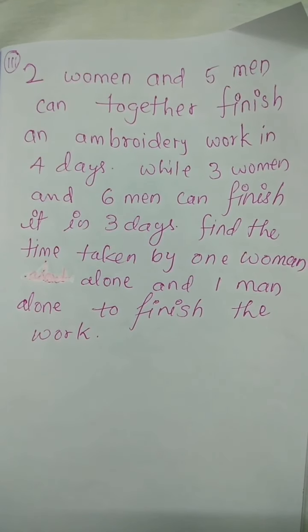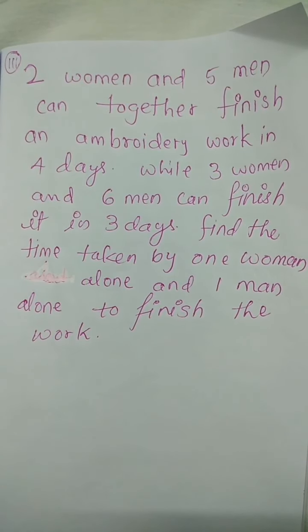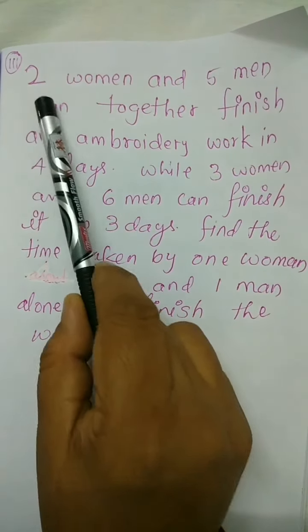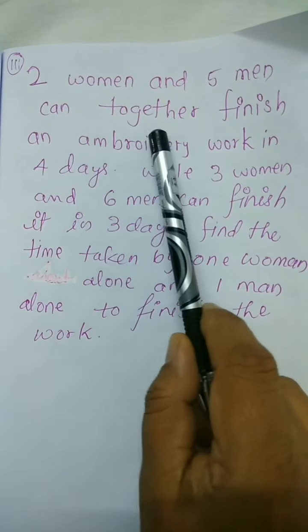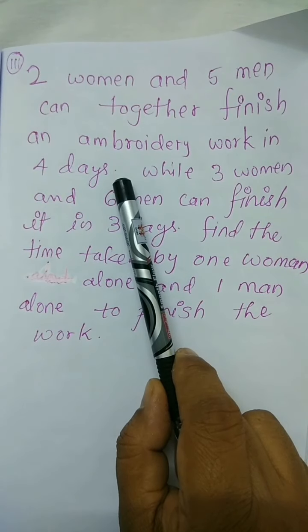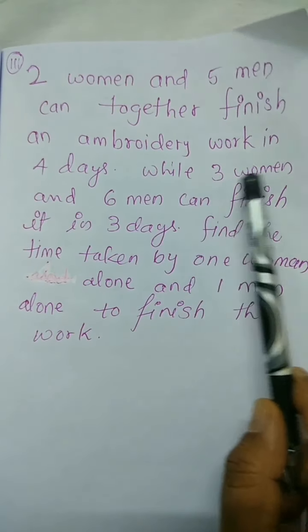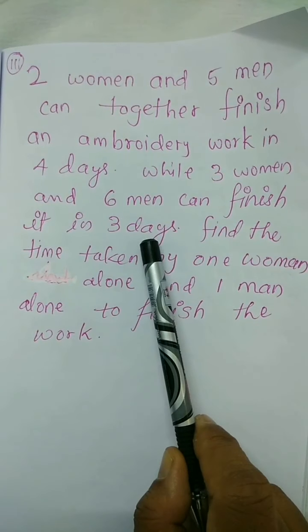Let us see this third question. In this third question, it is given that 2 women and 5 men can together finish an embroidery work in 4 days, while 3 women and 6 men can finish it in 3 days.